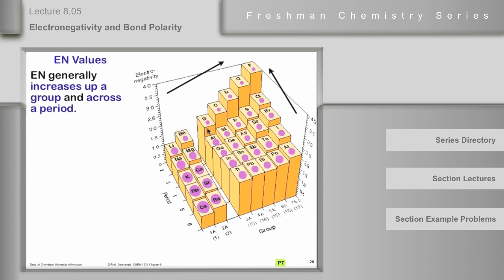And there aren't too many places, if you stick to the main group, where these trends are violated. So remember these trends, increasing up a group and across a period. That makes the nonmetals more electronegative than metals. Over here, these are metals, and these are the nonmetals.